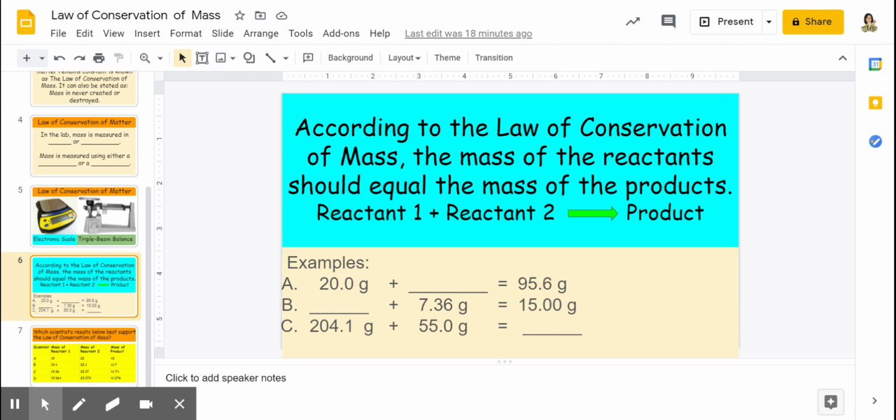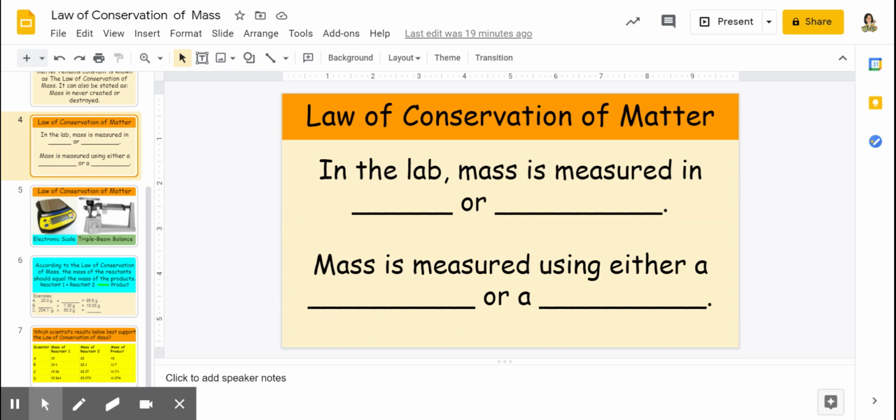So examples here we have 20.0 grams plus blank is equal to this mass right here. So pertaining to this reaction. But first, let's go back to this one right here. In the lab, mass is measured in grams, or kg, you say kilogram.